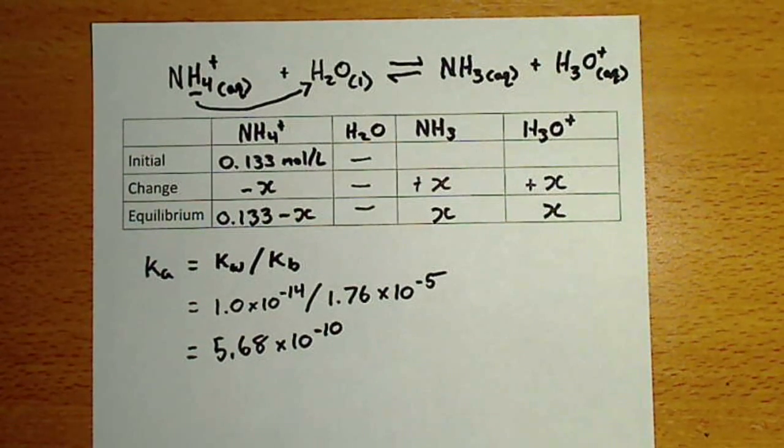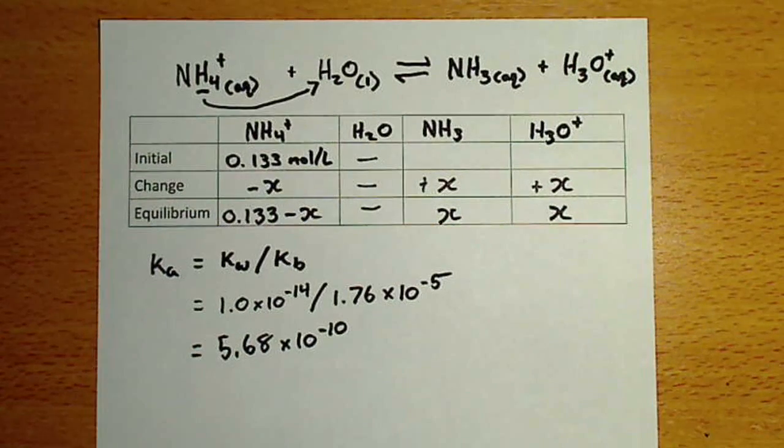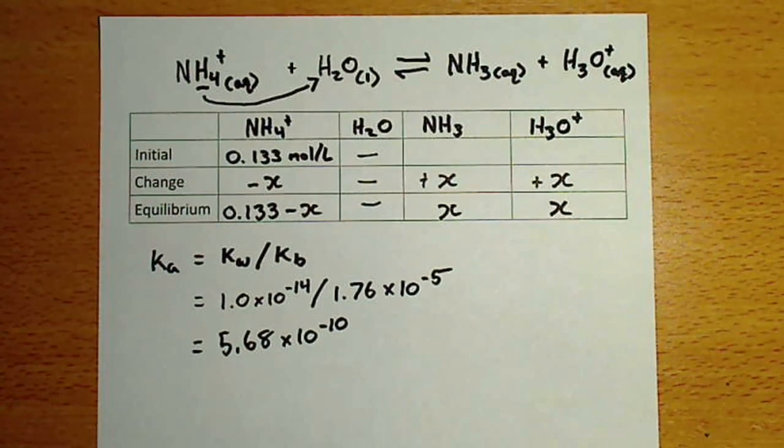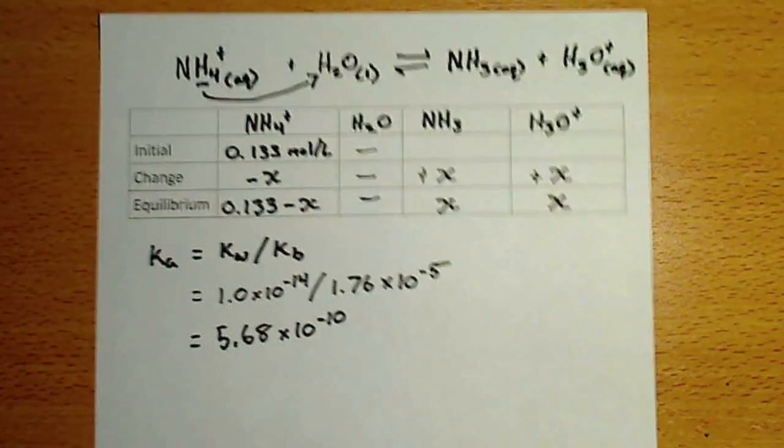And now that we have a Ka value, we can use that value along with the equilibrium concentrations from our ICE table to solve for the concentration of the hydronium ion. That will let us solve for the pH using the pH equation. So we'll first write out the Ka expression.